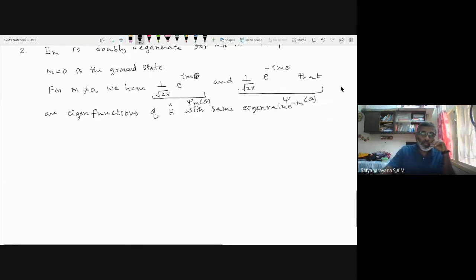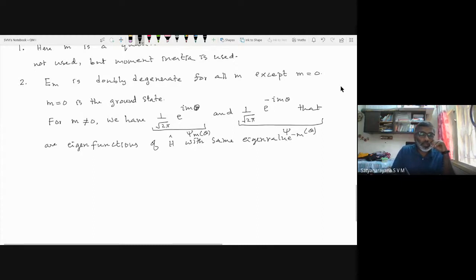Now, in addition, whenever you have degenerate eigenvalues, we can write something called phi of theta that is equal to 1 by root 2 times psi m of theta plus psi minus m of theta.